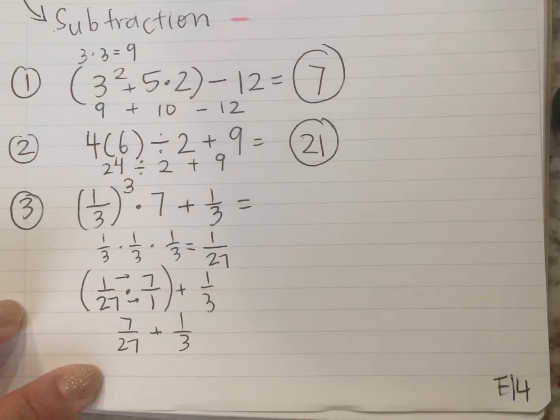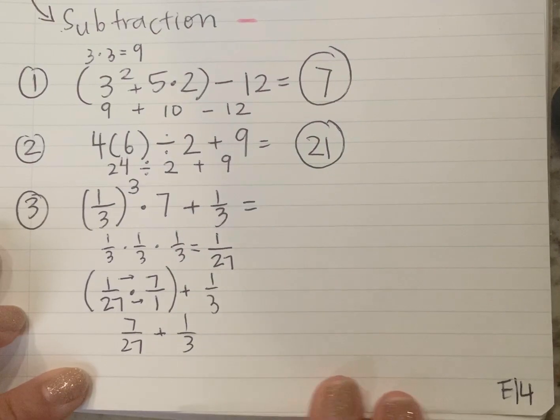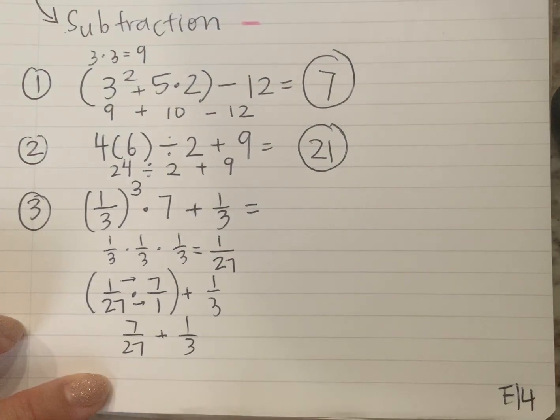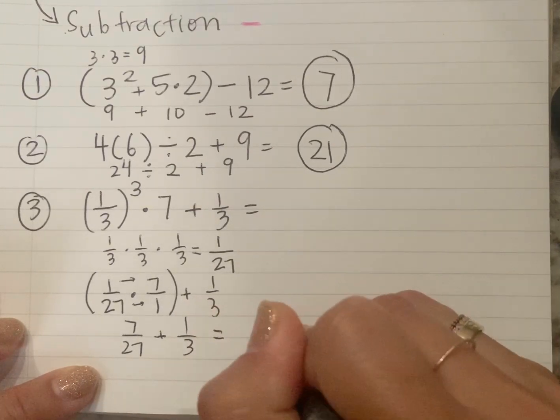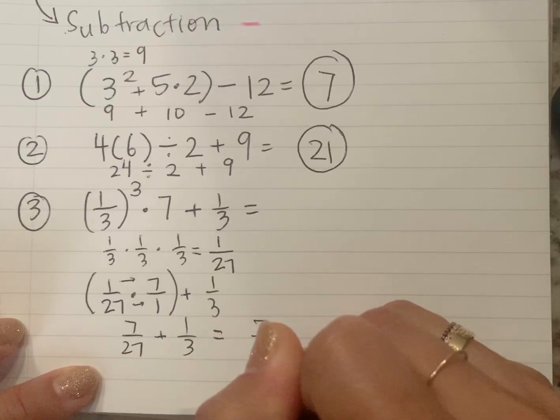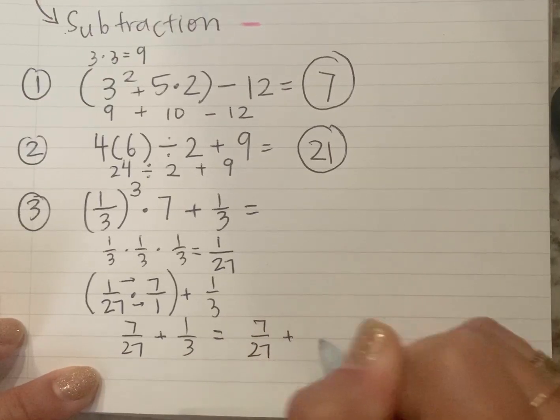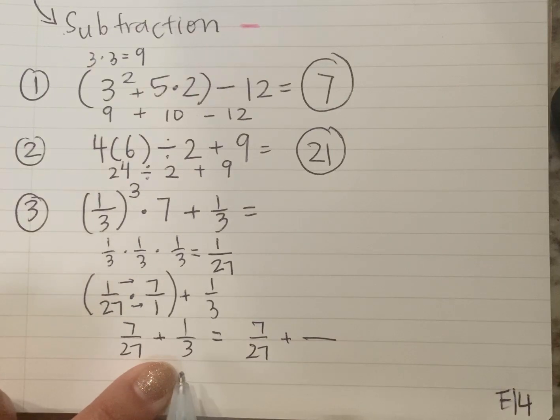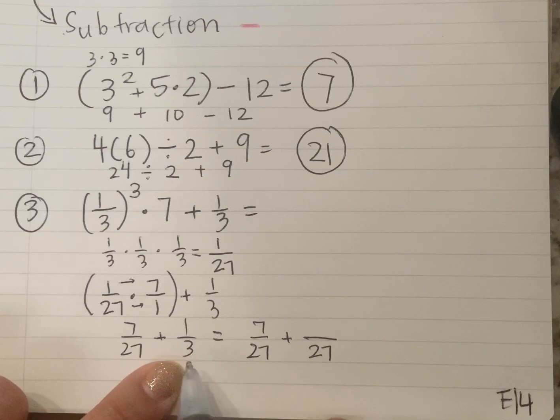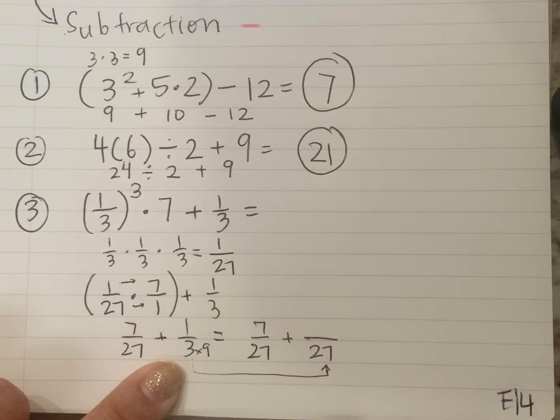Now remember, in addition of fractions, you have to look for the common denominator. In this case, the common denominator is 27, right? So I'm gonna write an equal sign because I'm just rewriting the equation 7/27 plus, and if 27 is my common denominator, 3 times what number comes to 27? Right, that's 9. So that's how I got this number.